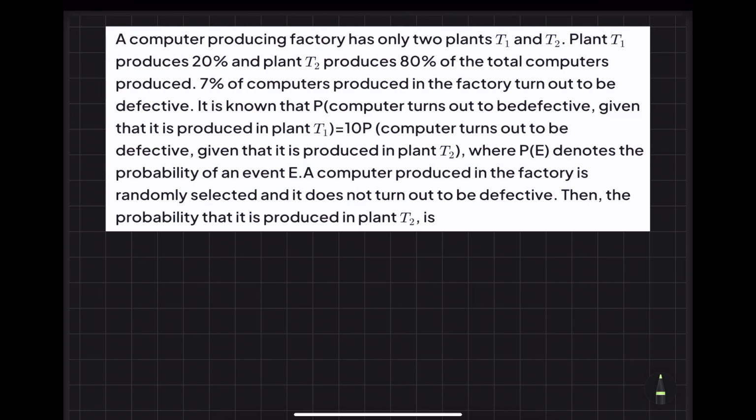Great. Okay, so suppose that this is plant T1 and this is plant T2. In T1 production is 20%, and in T2 production is 80%. Now 7% of the computers produced in the factory turn out to be defective.